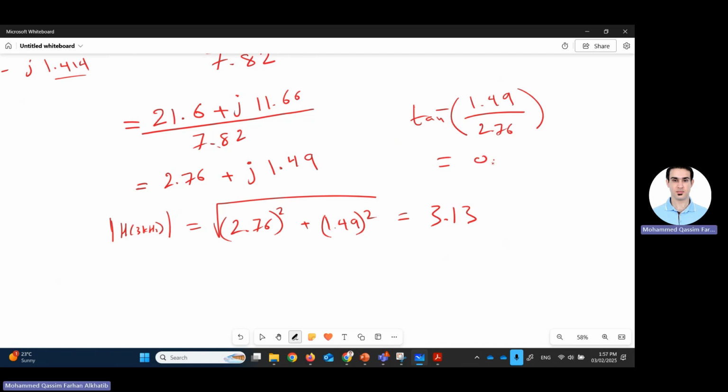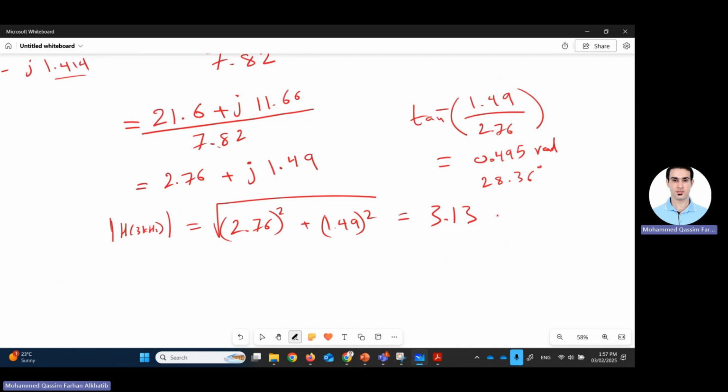Change to degrees. 28.36 degrees or 0.495 radians. Both are the same, but you have to specify radian or degree. Like when you put the angle, you put the unit, whether it's radian or degree.